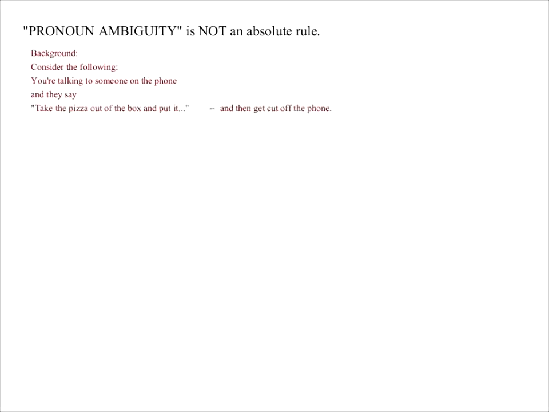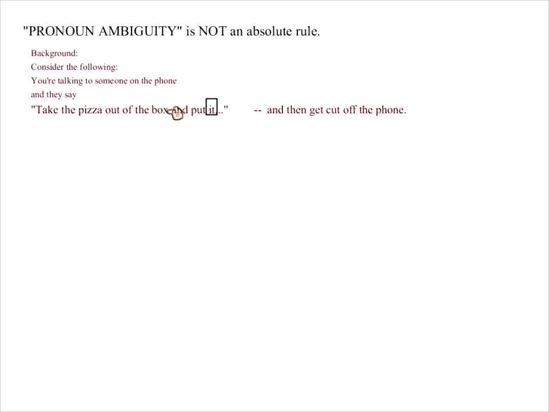If this is all you hear, take the pizza out of the box and put it, then what is your first instinct as to what it stands for? Turn off your grammar brain, turn off your mechanical thought processes here, and turn on your intuition. If you think it stands for the pizza, put that in the text box, and if you think it's the box, put that in the text box.